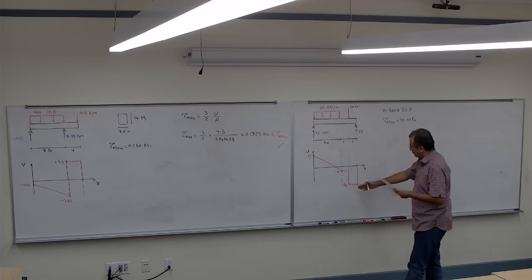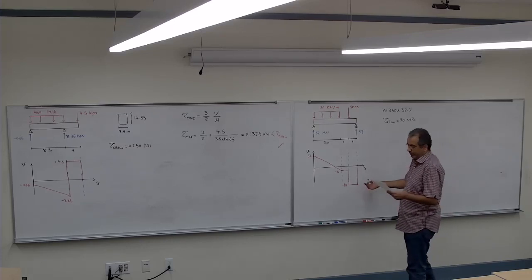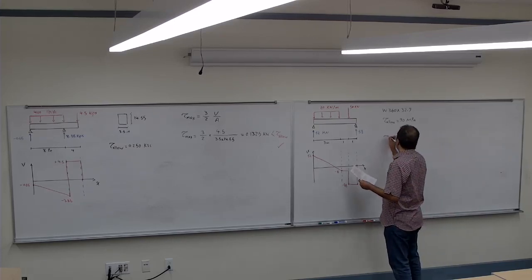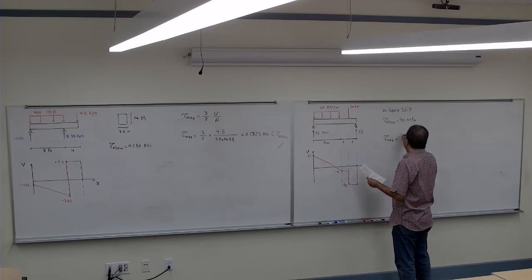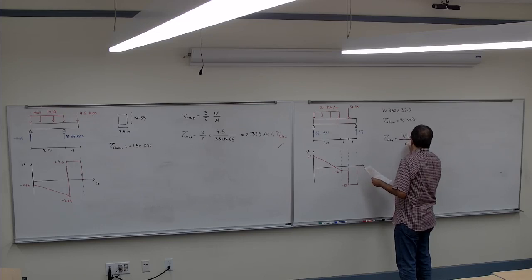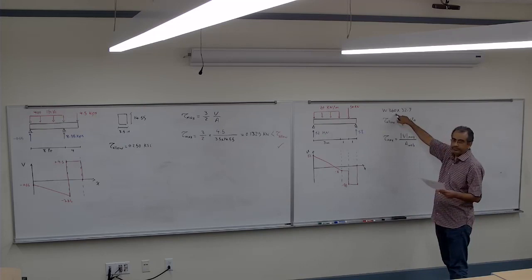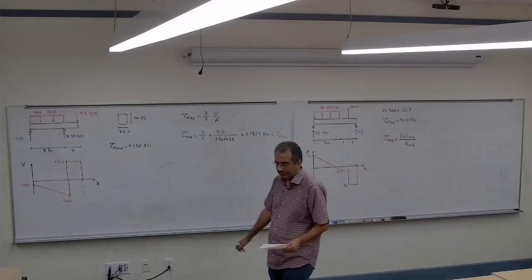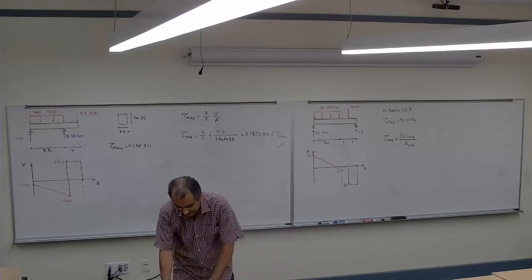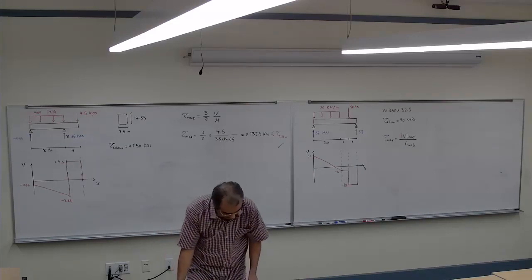So the maximum shear is 58. I know that the tau max is going to be V max divided by the area of the web. So how much is the area of the web for that? I have to go to the table at the back of the book and find it.